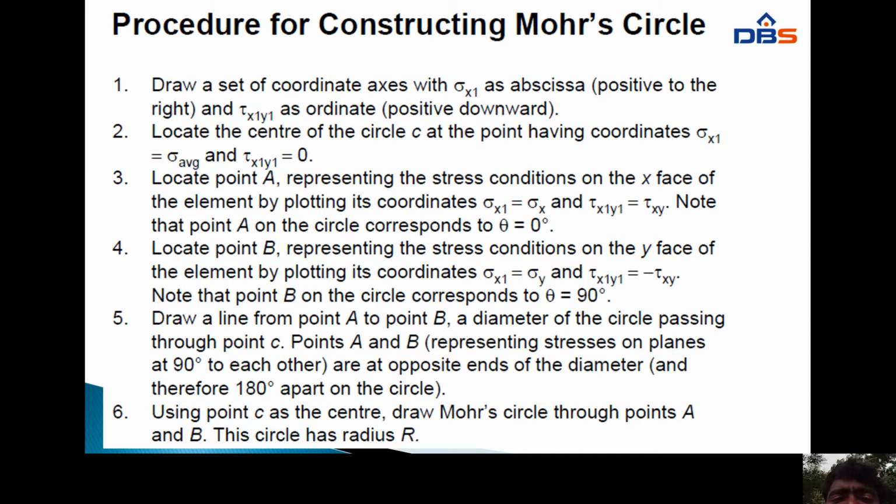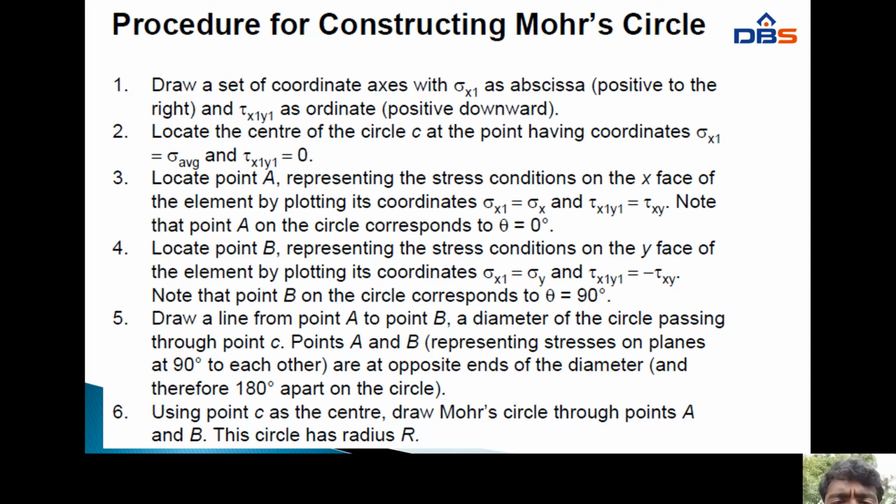Locate point B representing the stress coordinates on the y-face of the element by plotting its coordinates sigma x1 equal to sigma y and tau x1 y1 equal to minus tau xy. Okay, note that point B on the circle corresponds to theta equal to 90 degrees.